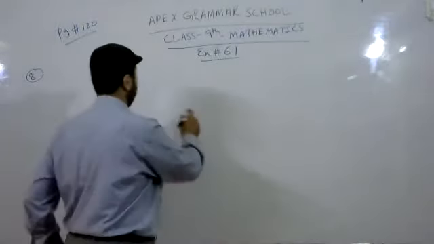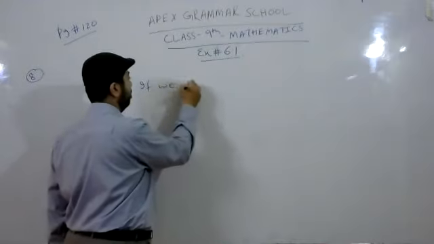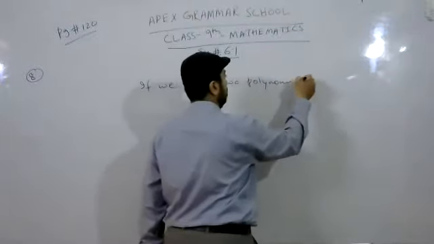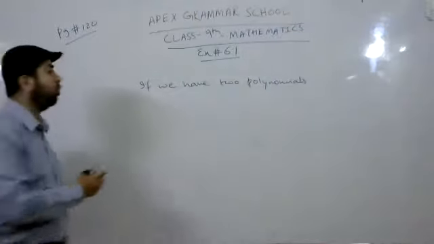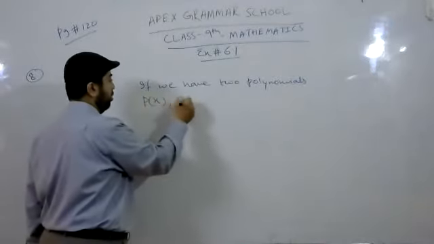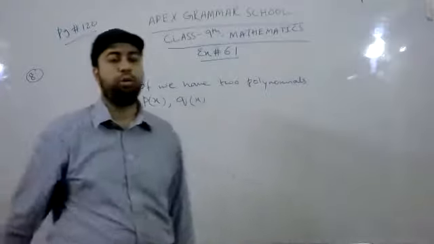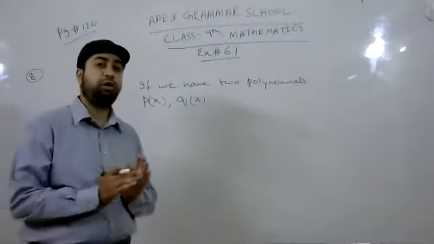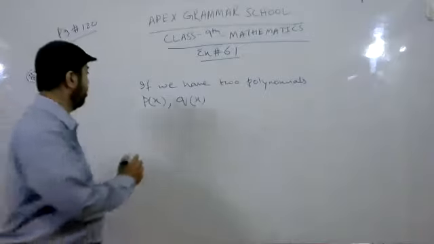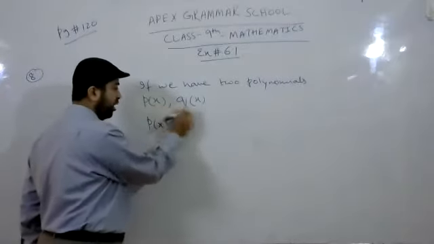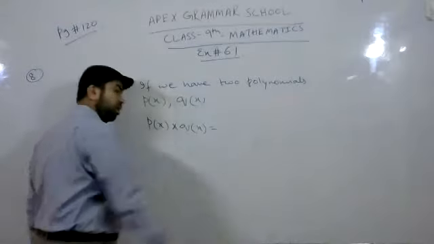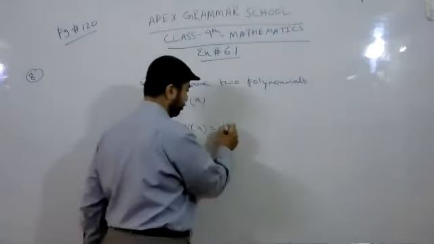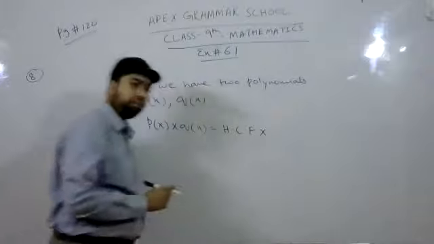If we have two polynomials, suppose the first polynomial is P of x and the second polynomial is Q of x, any two polynomials, then their multiplication answer must be, and you need to be very careful about this formula, if I multiply both of these polynomials, then the answer must be equal to the HCF of them and the LCM of them.